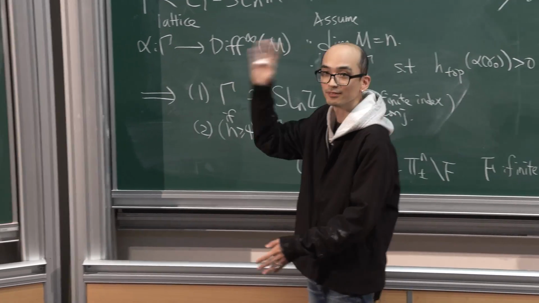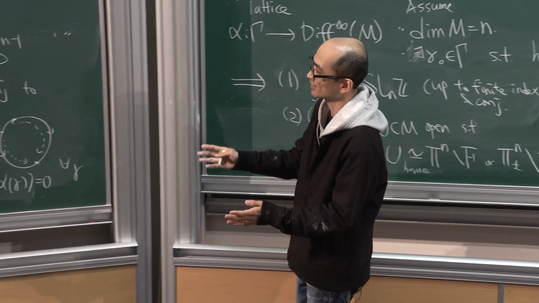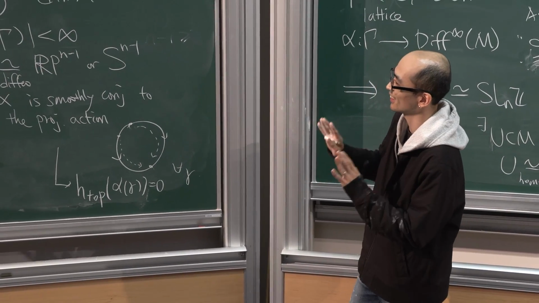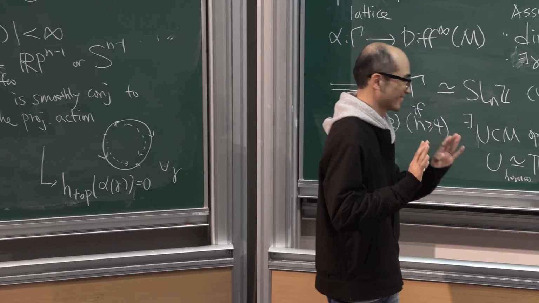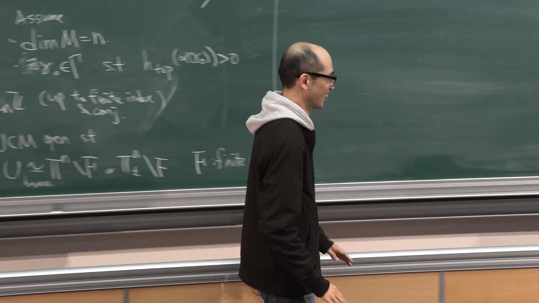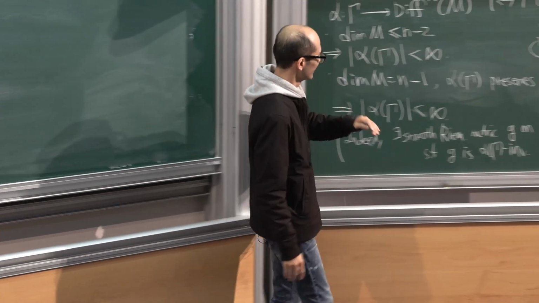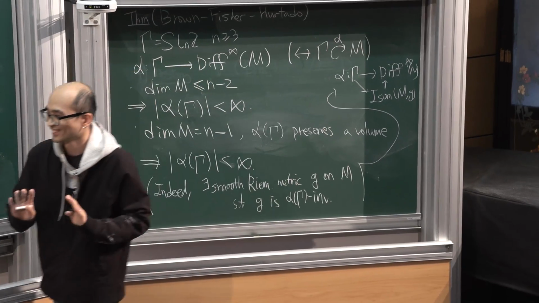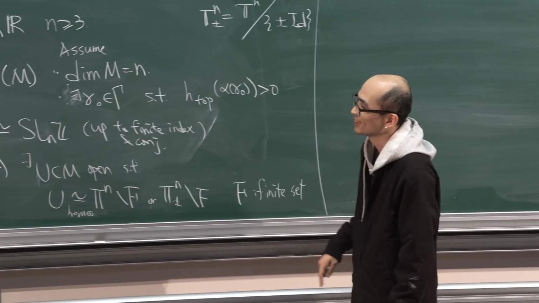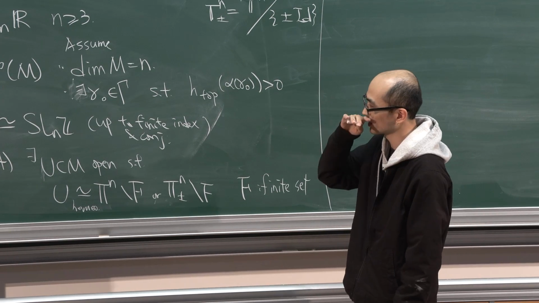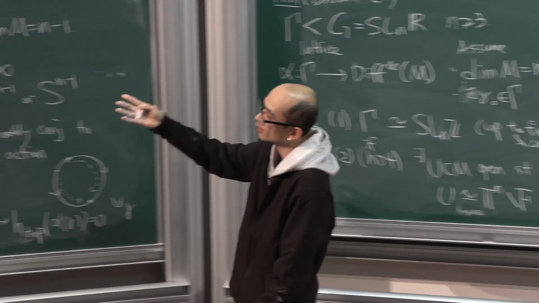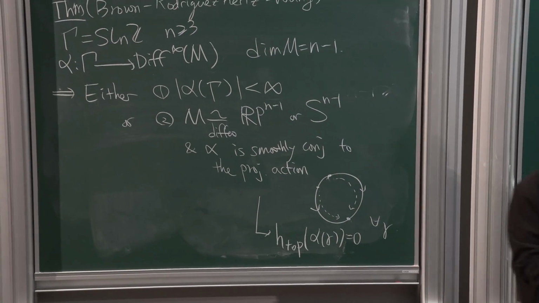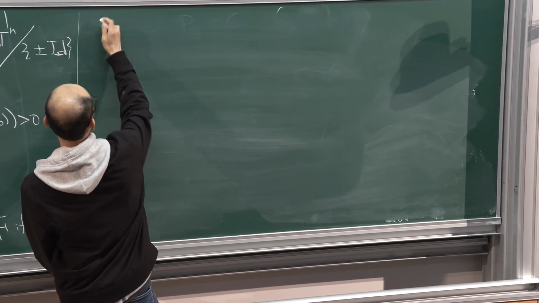I hope you are a little surprised. It looks like there is no room for measure at all, but in some sense higher rank, which is n at least 3, will give you additional regularity if you think about the measure.